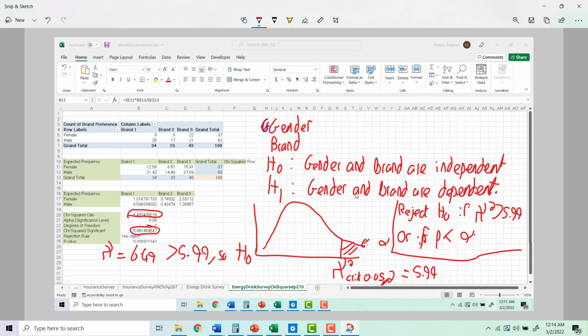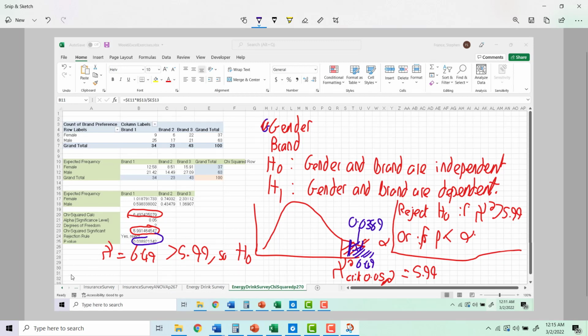So we have evidence that gender and brand are dependent, but we could do it the other way. We see here that my p-value is 0.0389. So here we are, this was 6.49, and we've got the p-value here, 0.0389.